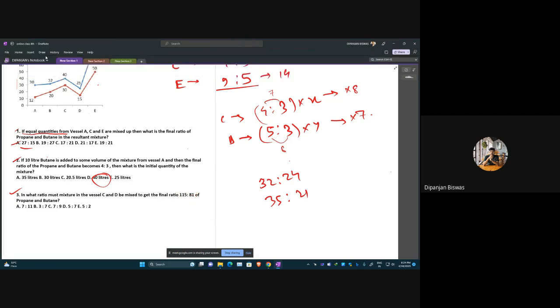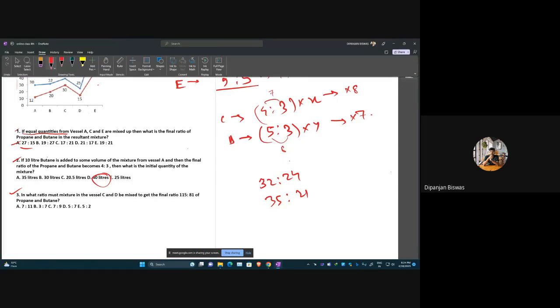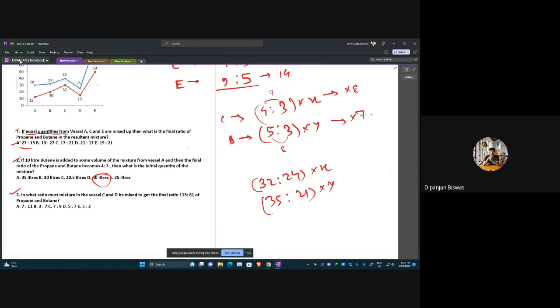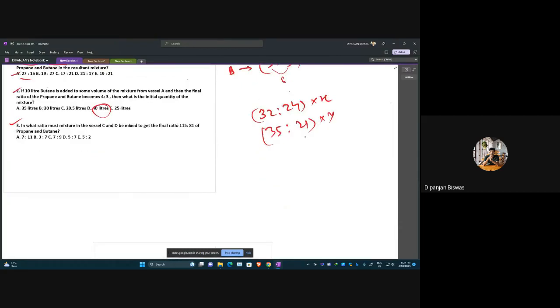Now, when both ratios are equated, then I'm taking this as X, this as Y. Multiply the first vessel, that is vessel C, with X, and vessel D with Y. Here is propane, here is butane.